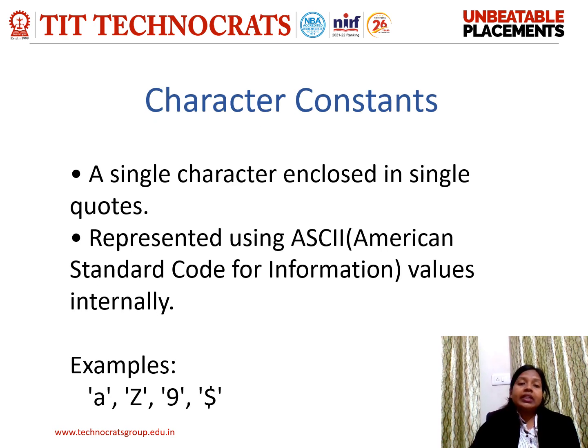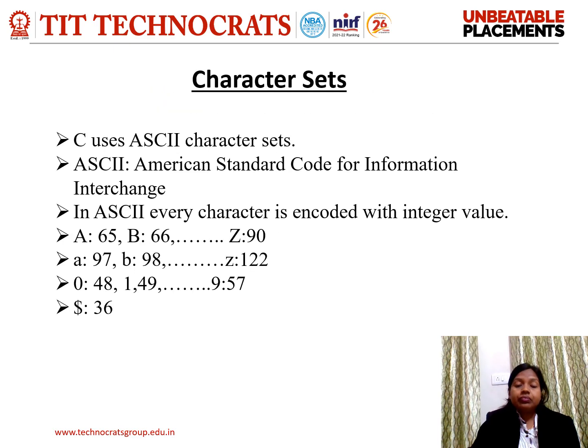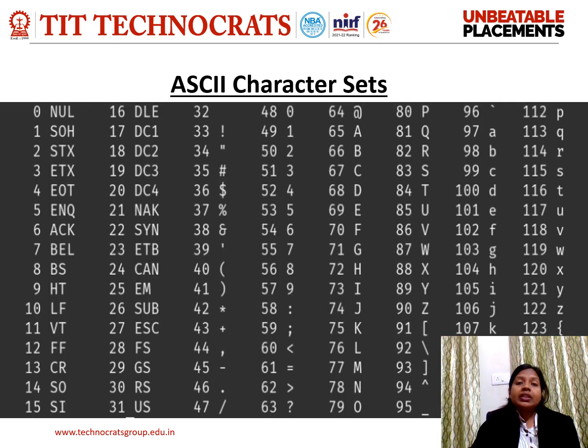Character constant is a single character enclosed in single quotes, represented using ASCII value internally. Okay, value of A. This is the ASCII character set. You don't need to remember all the values.